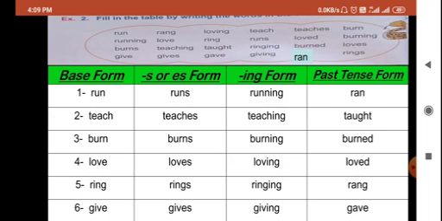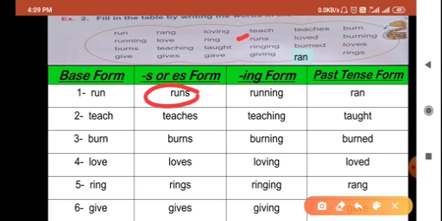Now I'll make it clear and start again. Next is runs. Runs is the S or ES form of run. Loved, the past tense form. You see here, D is added to love, so it is the past tense form of love.